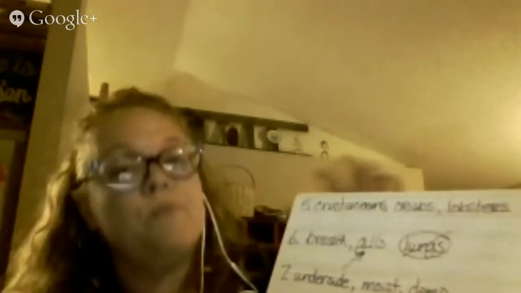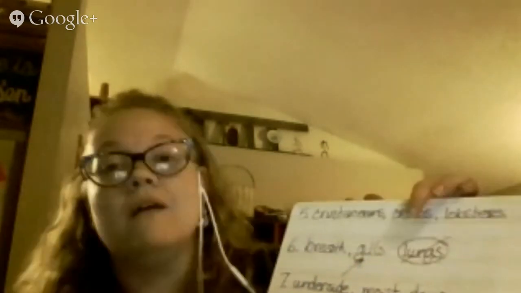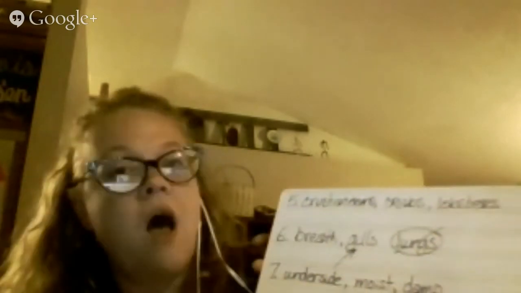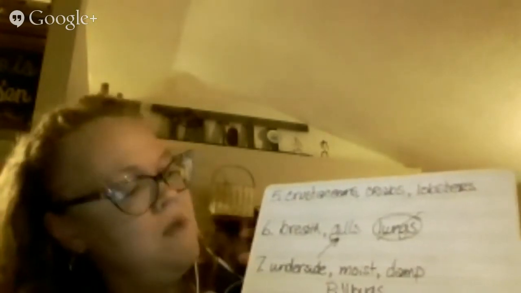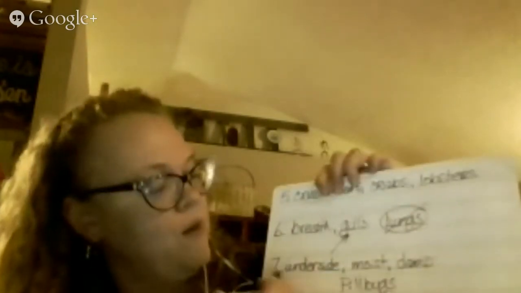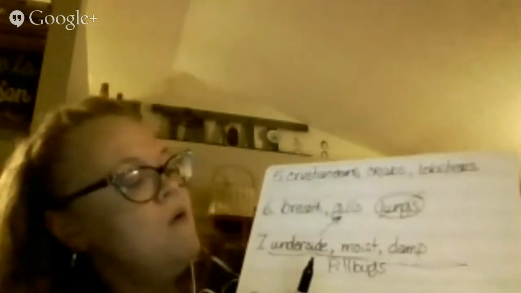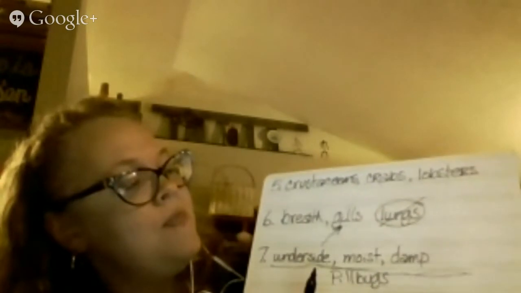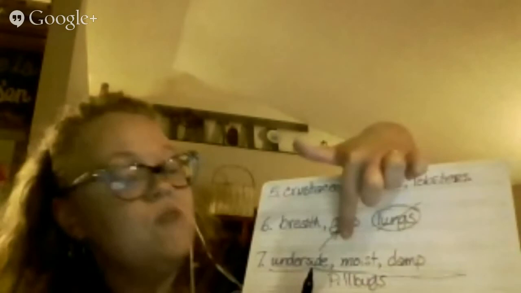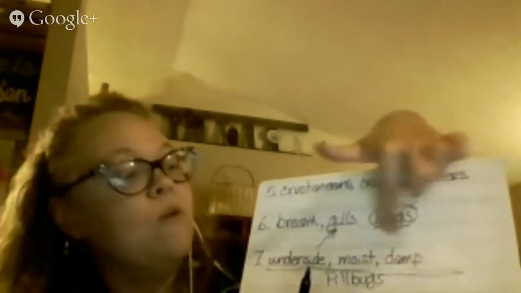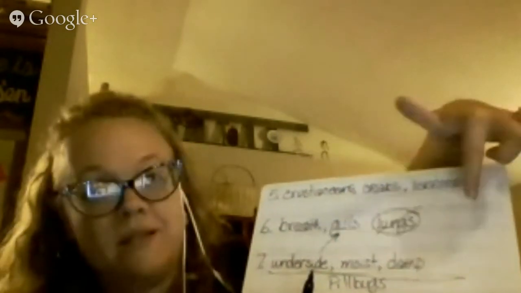Your student may simply write, the pill bug breathes through gills and not lungs. That's totally okay. All right? And then the last one, underside, moist, damp. Underside, moist, and damp. And then that's where mine switches over to be something else. Okay? So I would write, the pill bug's gills are found on the underside and need to stay moist, which is why you will find them in damp places.